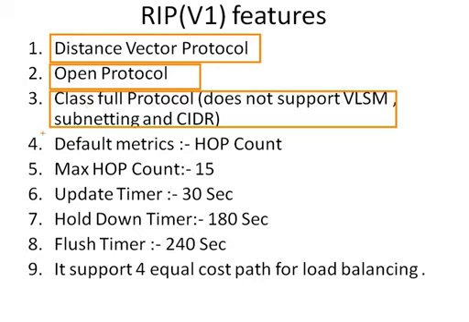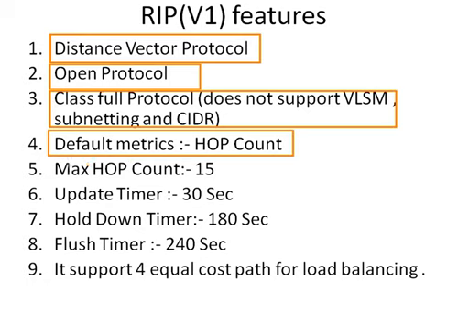Default metric is hop count, which means it only uses hop count to choose the best path from any source to any destination. I discussed hop count in my last video, introduction to dynamic routing. So RIP only uses hop count; it does not consider any other parameter to choose the best path.